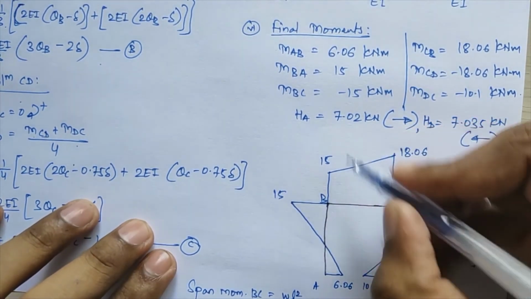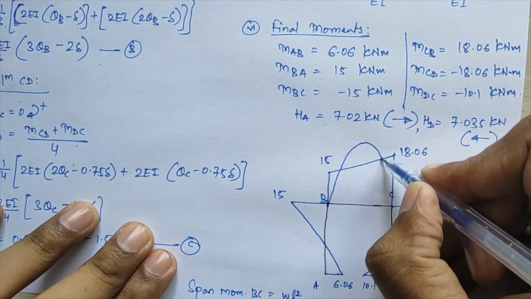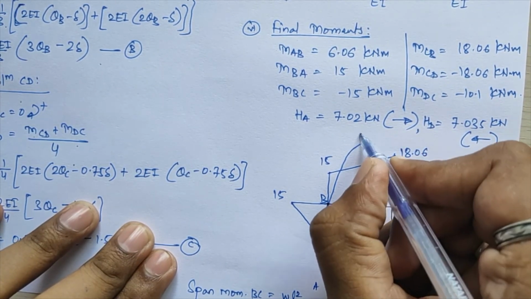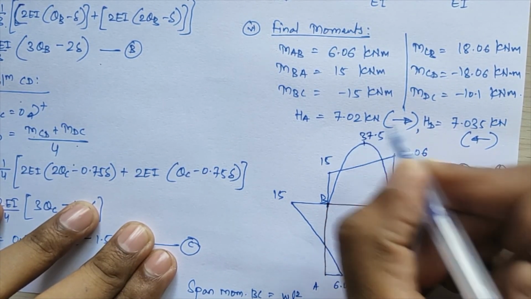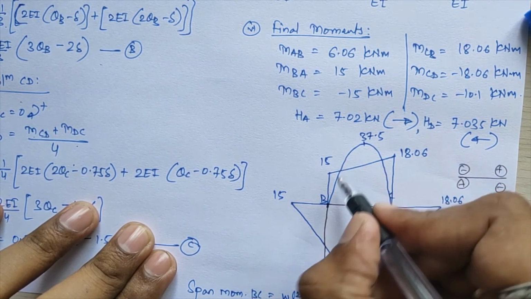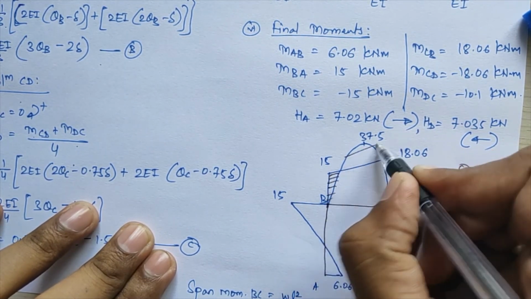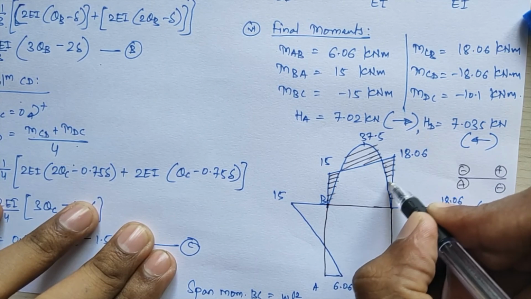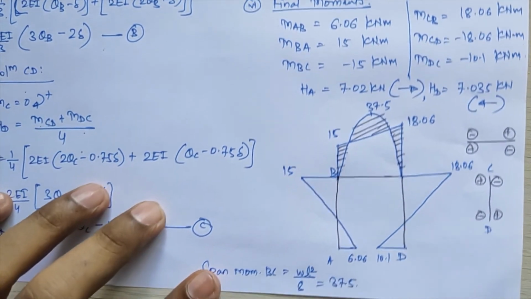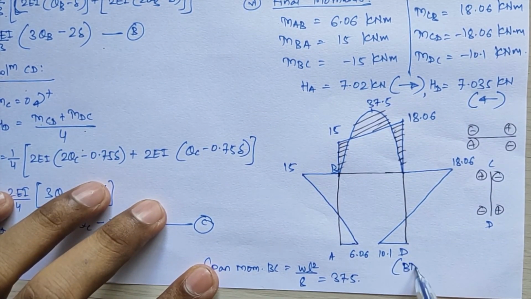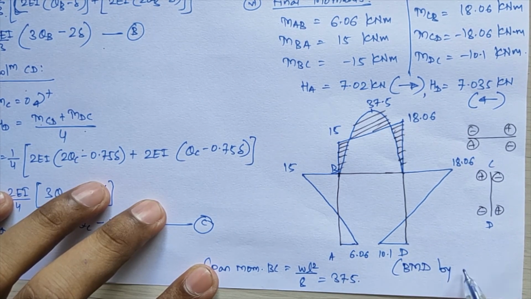So there will be a curved portion over here, 37.5 kilonewton meter, and you have to superimpose this shaded part over here. So this diagram will be my BMD by superposition.